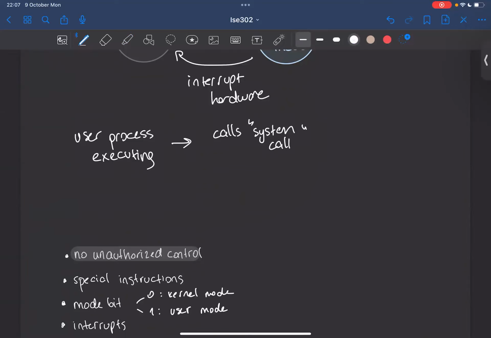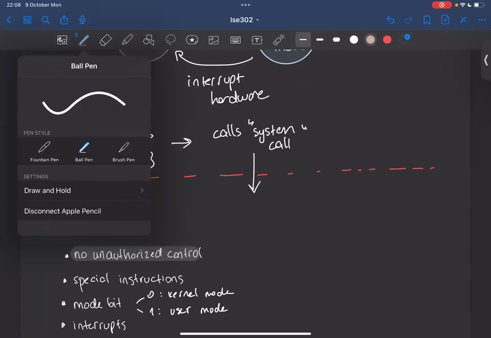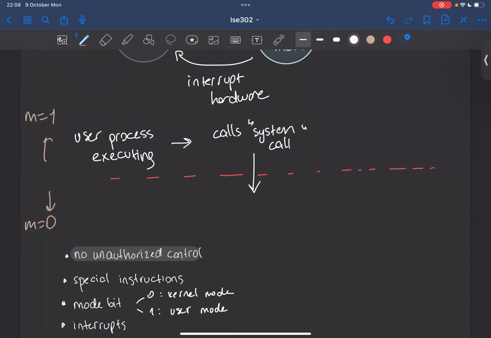And with this system call, we can divide this area into 2, like this place is where the mode bit is 1, and in that place mode bit is 0. So after system call is called, okay, we execute the system call in kernel, okay.